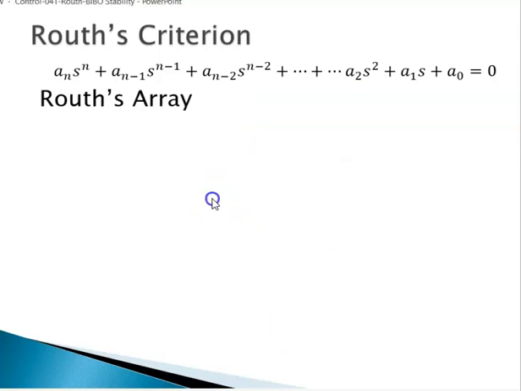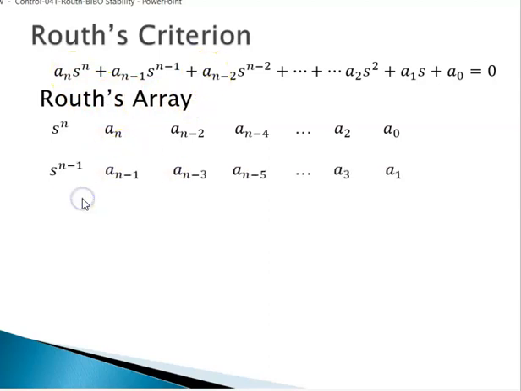We'll try to see this Routh's array once again in a clearer way. The first row is built from coefficients: an, an minus 2, and so on. So each column differs from the next column by a power of 2: S to the n, S to the n minus 2, and so on.